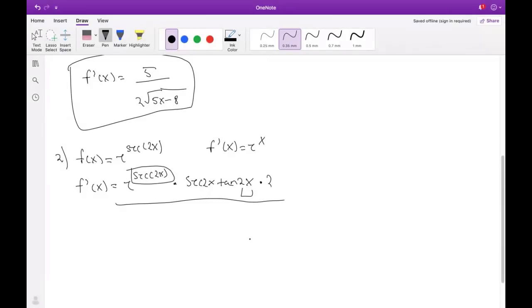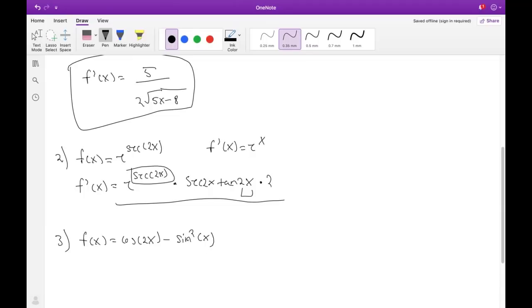I'm going to do one question also with horizontal tangents. So the question wants you to find the horizontal tangents if it gives you f of x equals cosine 2x minus sine squared of x.